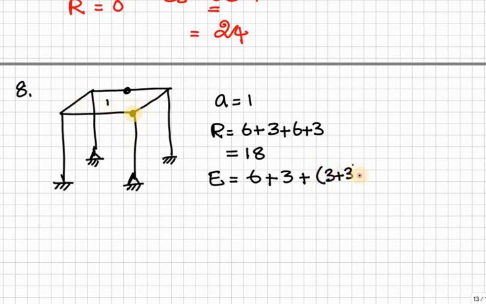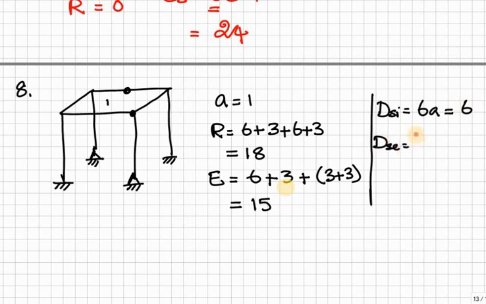This is the joint hinge. So totally 12. Therefore, from method 1, dSi is equal to 6 times A and dSe is equal to R minus E, which is equal to 3. Therefore, total is equal to 6 plus 3, 9.